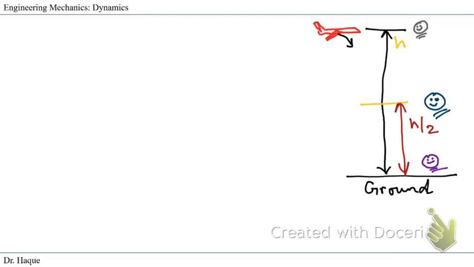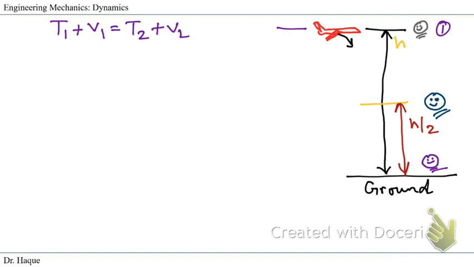So in this scenario, let's write down our conservation of energy: T1 plus V1 equals T2 plus V2. Now let's consider position 1, when he was at the plane. He was maintaining constant height, so there was no kinetic energy.